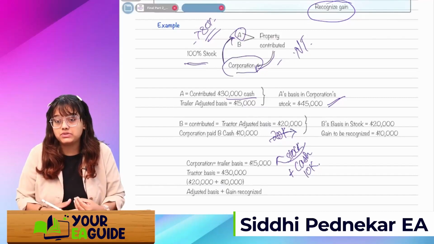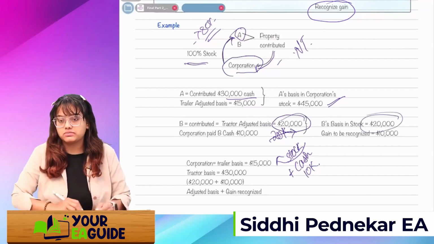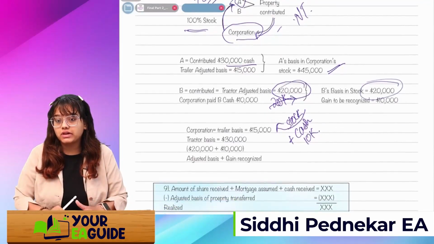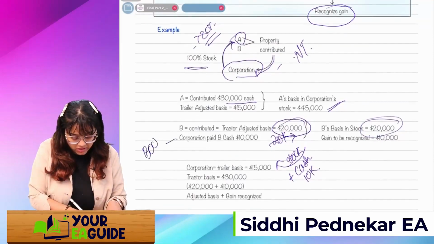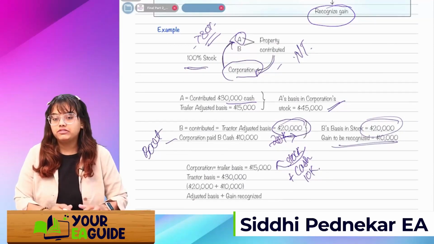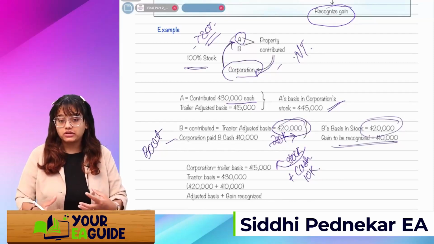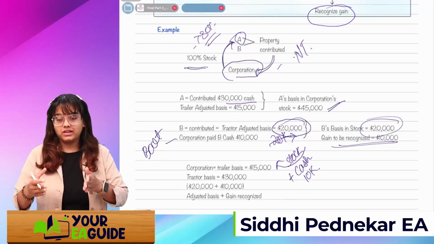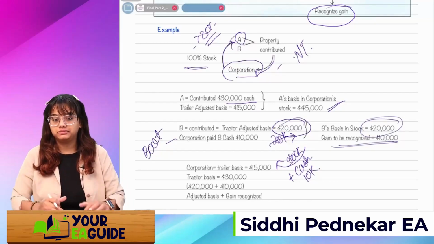B's basis will be whatever property he is contributing, that is 20,000. Now against that, he is going to receive cash, so that boot amount I'll directly recognize as a gain. If I am receiving anything from the corporation apart from stock, and that thing is cash, then that cash will be recognized as a gain.